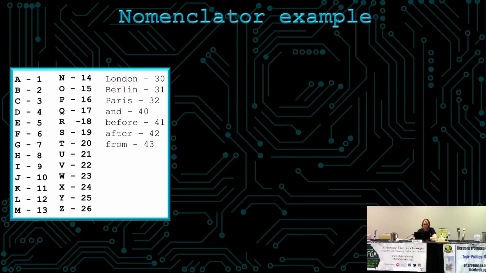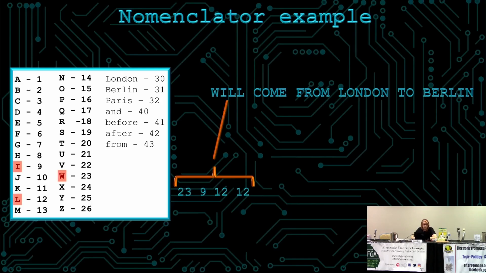Here is an example of a nomenclator. On the left, we have the letters going to numbers, and then we have a few words that go to numbers. Are you seeing my mouse, by the way, or no? No, okay. If we're trying to encrypt the phrase "will come from London to Berlin," the word will we do 1 letter at a time, 23, 9, 12, and 12.